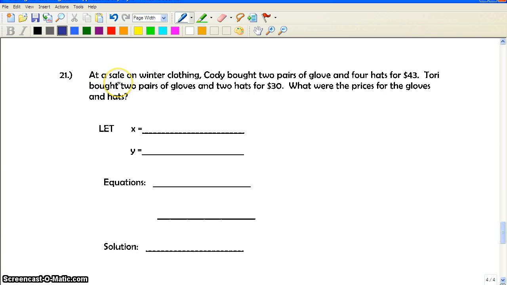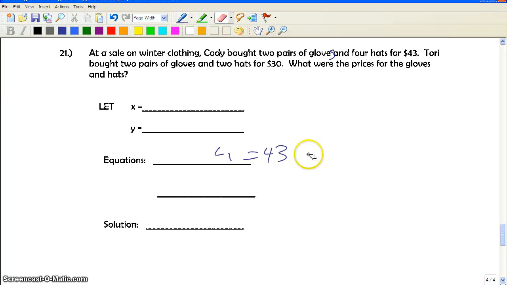At a sale of winter clothing, Cody bought two pairs of gloves and 4 hats for $43. Tori bought 2 pairs of gloves and 2 hats for $30. What were the prices for the gloves and hats? Alright, guys, so prices of gloves and prices of hats. So cost for gloves, and then cost for hats.